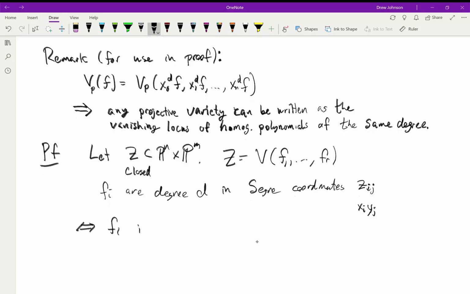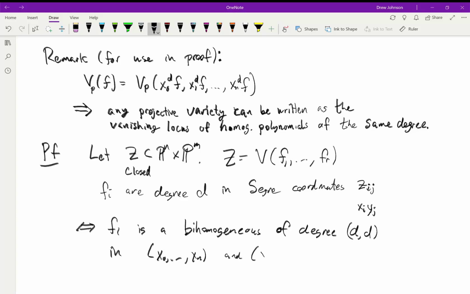All right, so that means that we can think of Fi as a bihomogeneous polynomial of degree (d, d) in x0 through xn and y0 through ym.